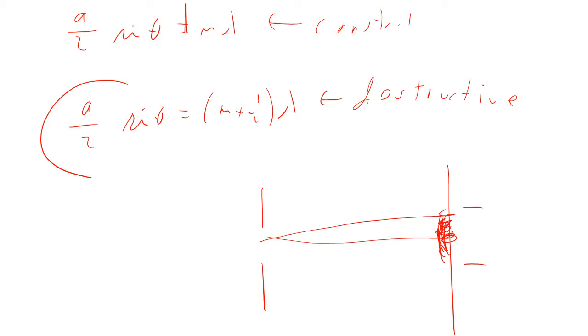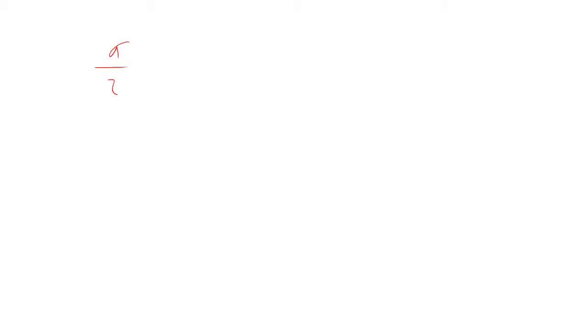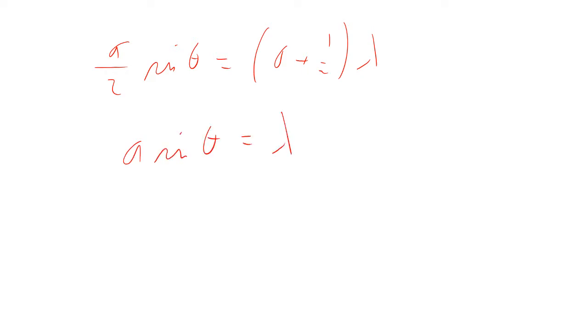That tells you how wide that central bright spot is. Well, the very first one would be if m equals 0. So a over 2 sine theta equals 0 plus 1/2 lambda, or in other words, a sine theta equals lambda.